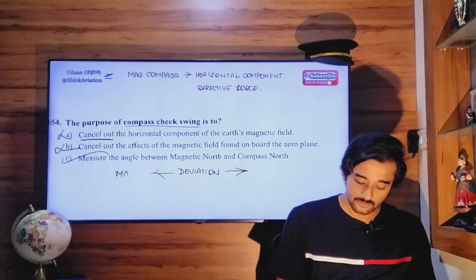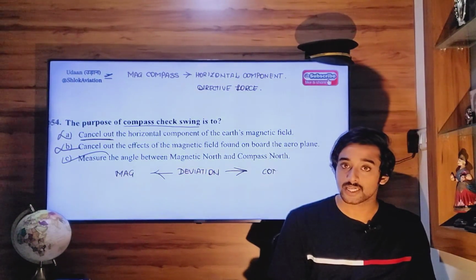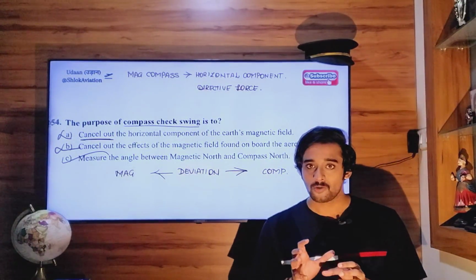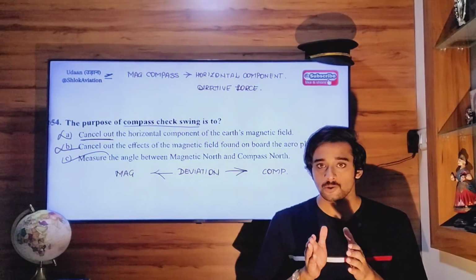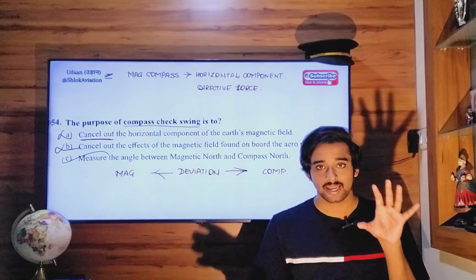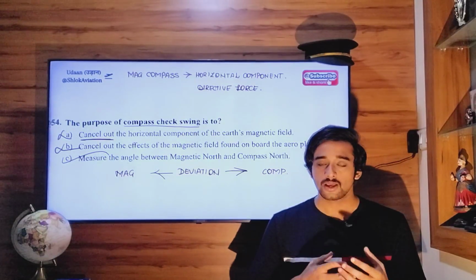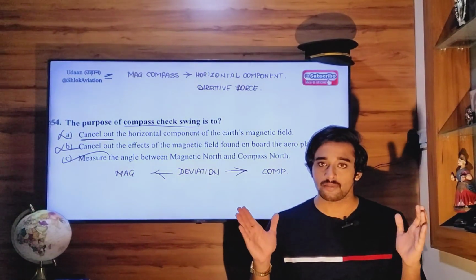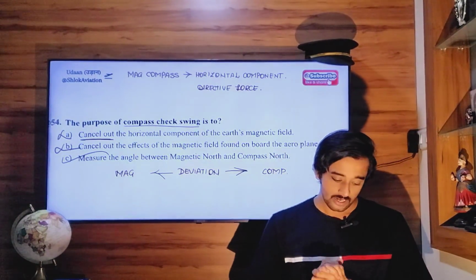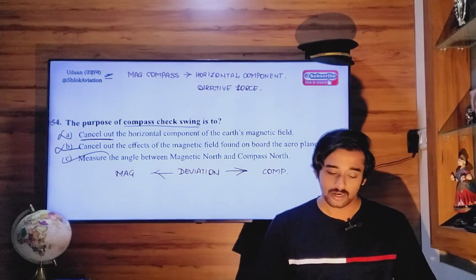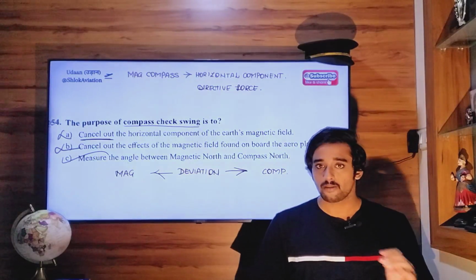Magnetic direction and compass direction, right? Now compass swing is performed to decrease this deviation value, the difference between the magnetic heading and compass heading. So compass swinging is done to decrease the difference between them as much as possible. Fine. So the correct answer is to measure the angle, meaning deviation, between magnetic north and compass north.